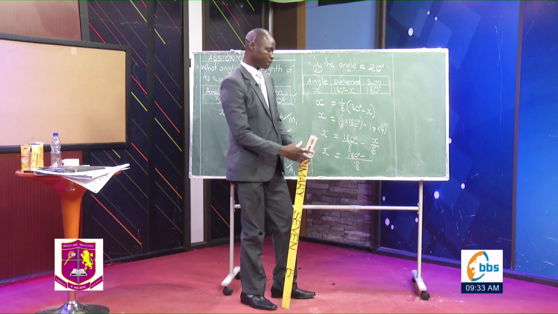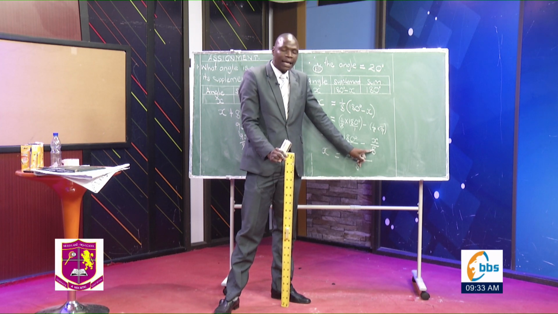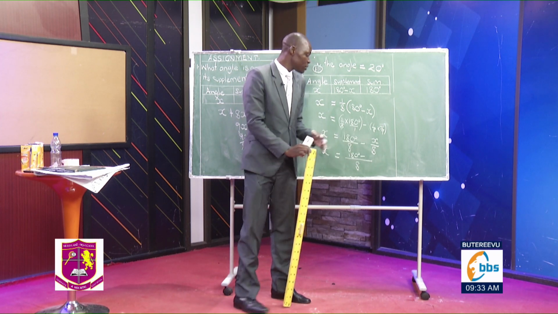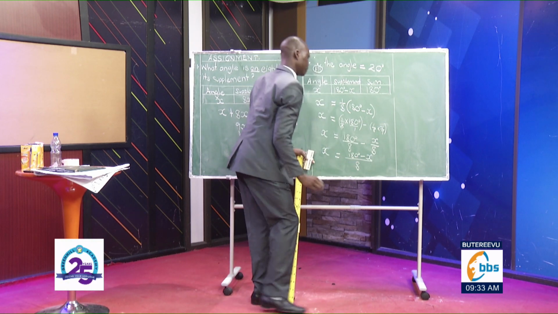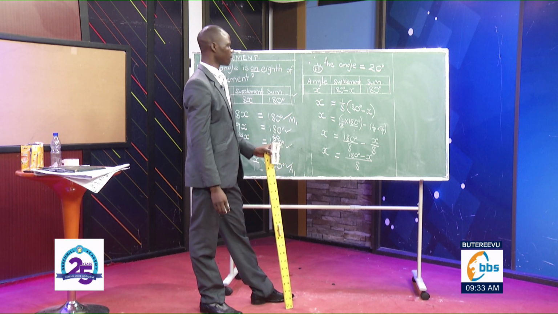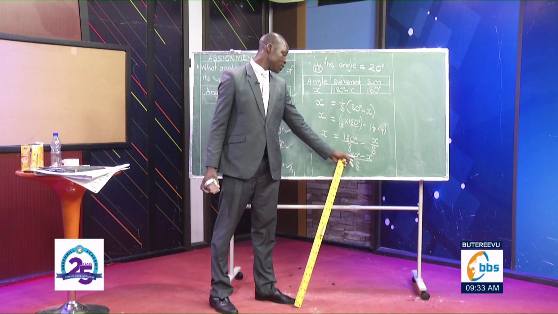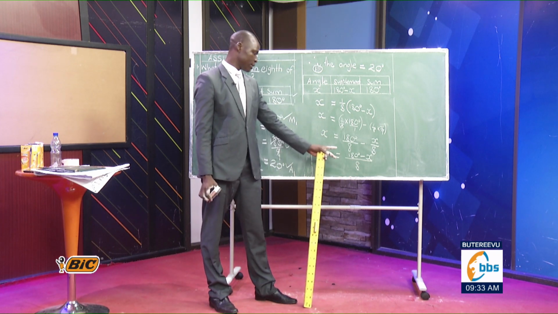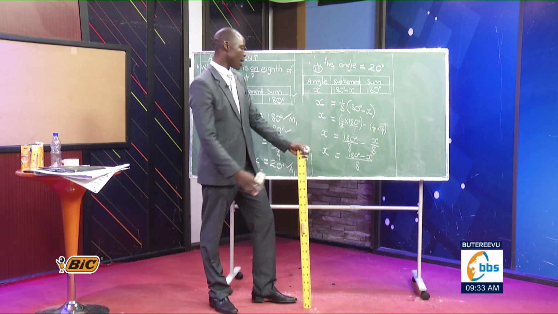Take away. Divide this 8 by 8. Divide it by 8, you get 1. 1 times x, you get x. So we are having x, which is equal to 180 degrees minus x, all out of 8. At this point, we can decide to multiply.